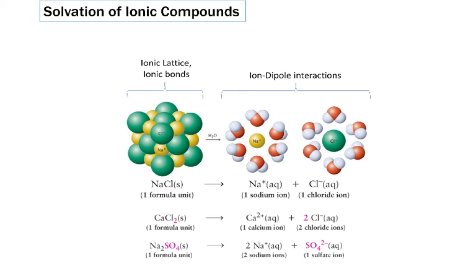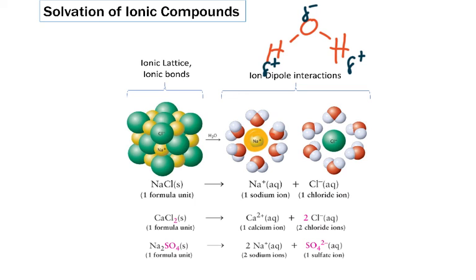When it's hydrated or solvated, what happens is that they get separated out. So the cation, Na plus here, has water molecules surrounding it. Remember water is polar, so it has a partial negative charge around the oxygen, and partial positive charges on the hydrogens.